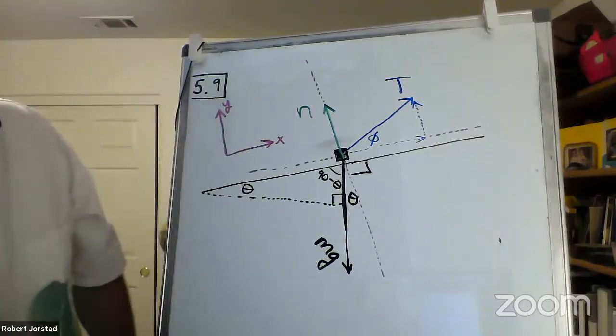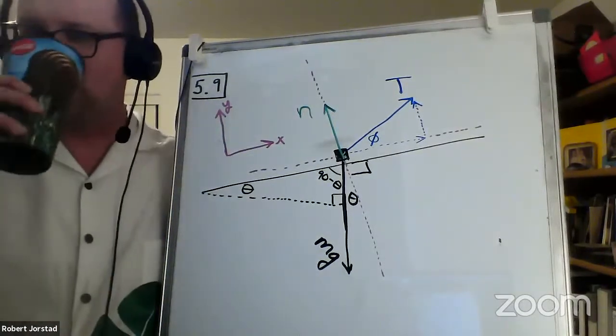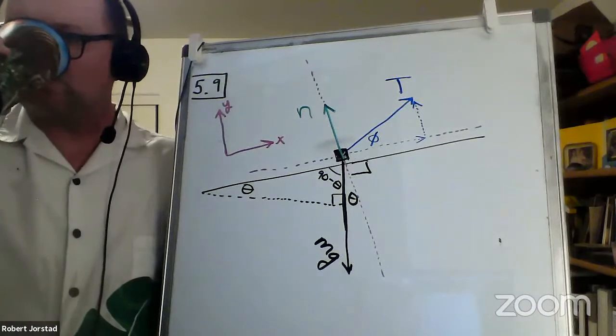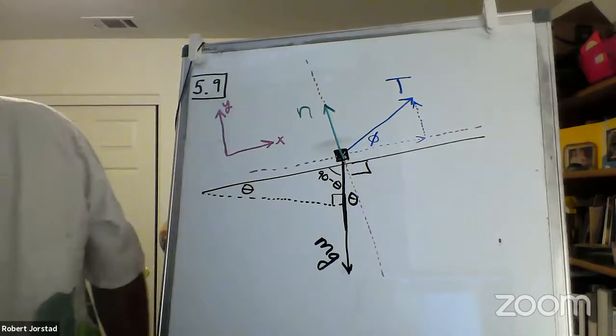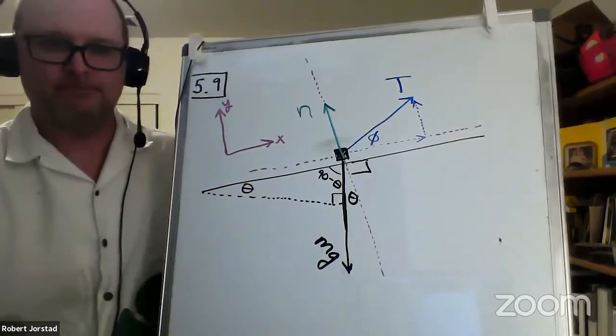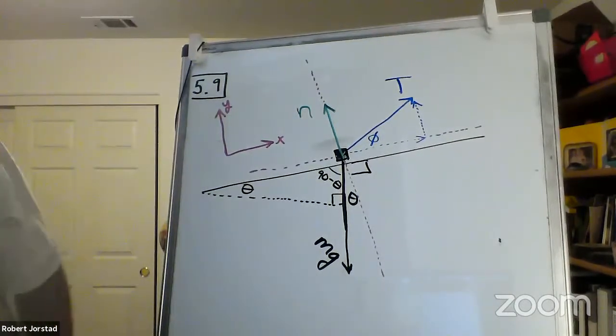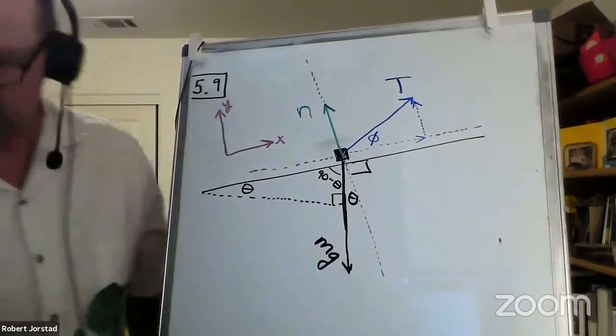Does it say it or not? Well, the zombie's pulling at constant speed, so I guess there's 0. Nice.